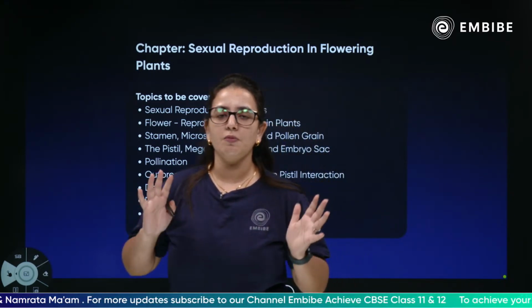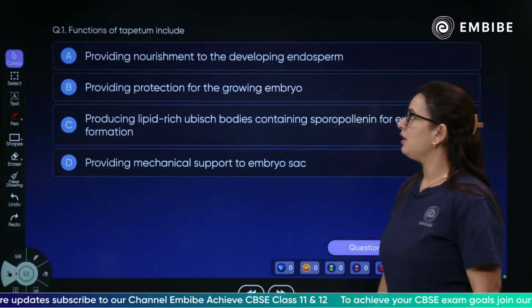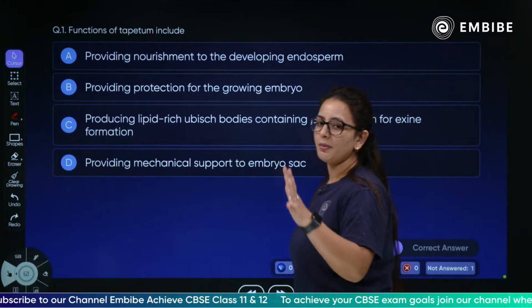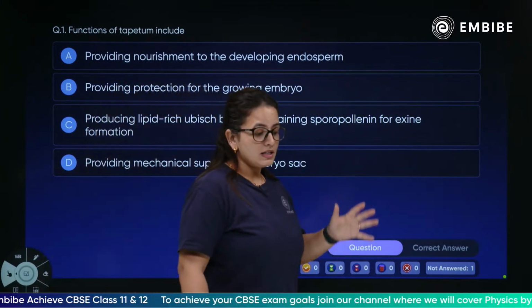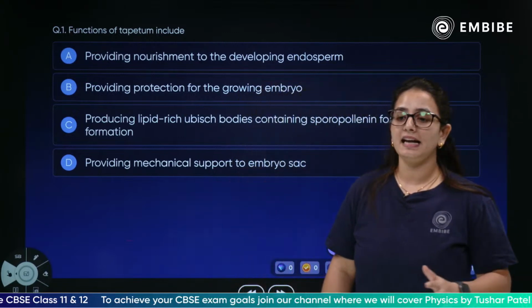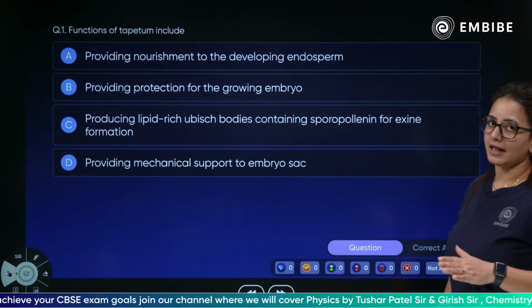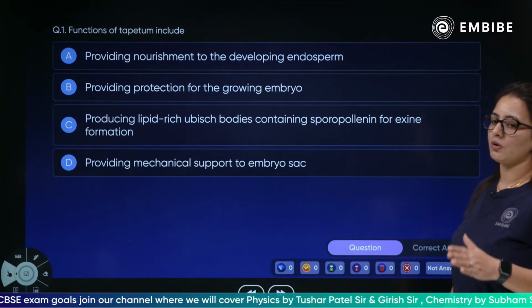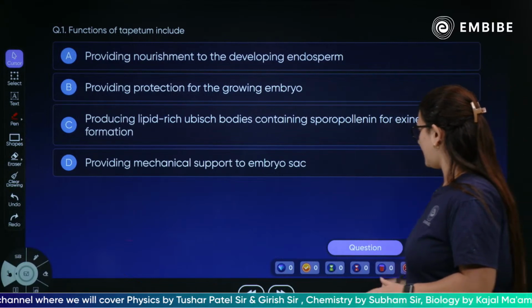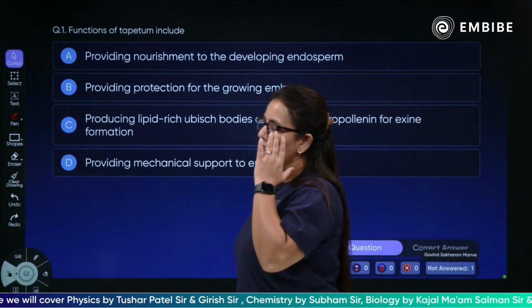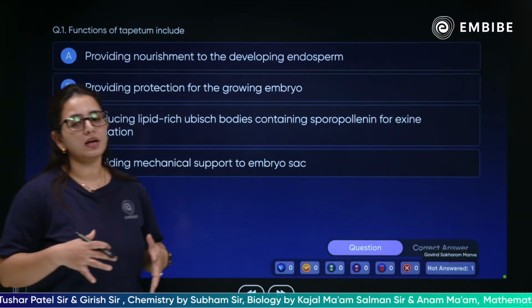Let's attempt the very first question of today's session: the functions of the tapetum include. We have discussed the whole structure of the anther in detail, and I have explained the layers of the anther.